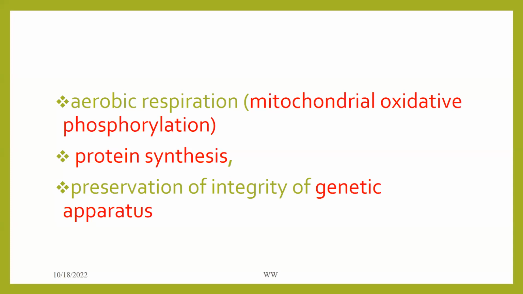And then you need protein synthesis. Protein synthesis makes all sorts of proteins, structural proteins, enzymes, and all those that are needed for the well-being of the cell. And of course, the most critical is if there's disturbance in the genetic apparatus.